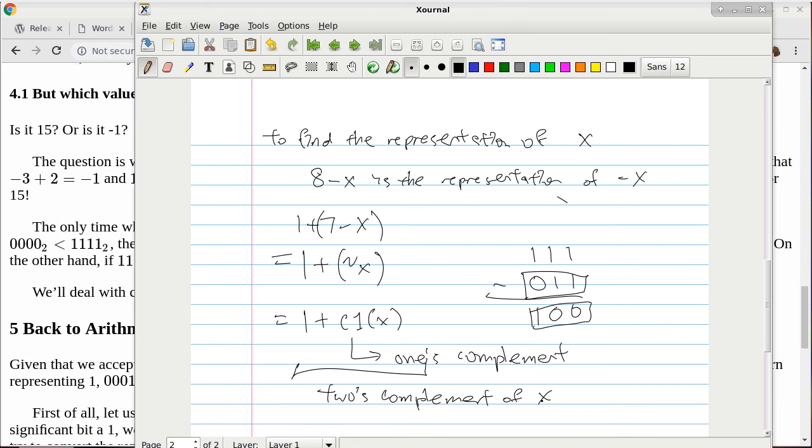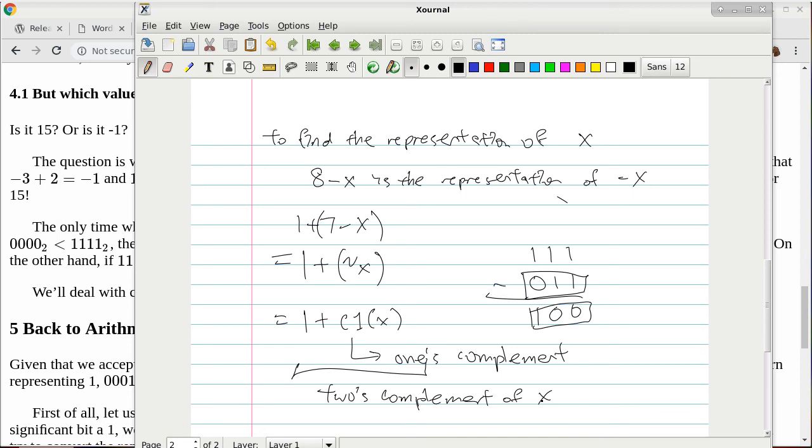Do we know how to do 1's complement, which boils down to negation, right? Negation can be done by NAND gates. We got that? What about the plus here? This is a binary addition. Do we know how to do binary addition? Yes. So this whole thing can be done using transistors. And I claim that this is the same thing as the negation of x. Okay?